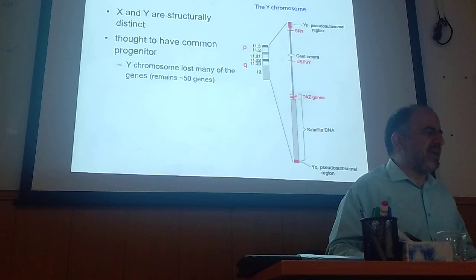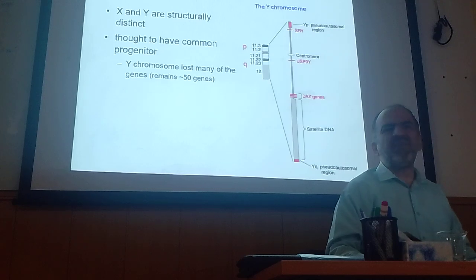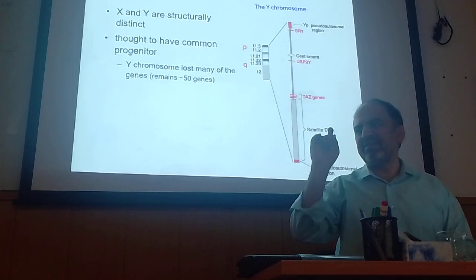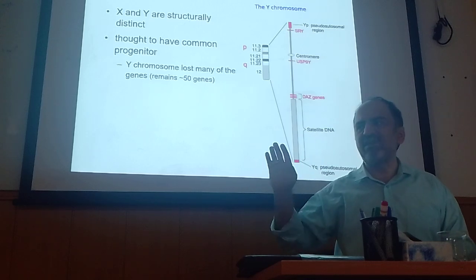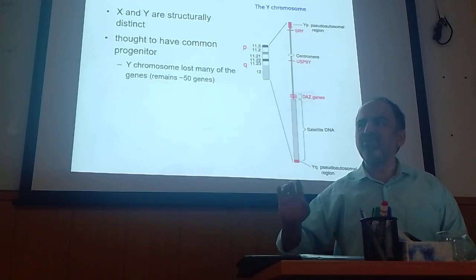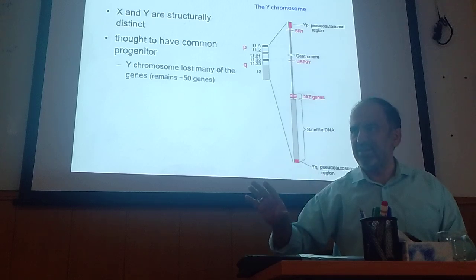Okay, the Y and X chromosomes are structurally distinct from each other. Maybe they have a common progenitor. The Y chromosome lost many of its genes, remaining only 50. It is interesting, the X chromosome has 1,600 genes, and the Y chromosome has only 50 genes.